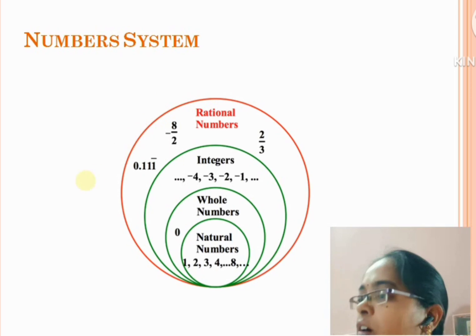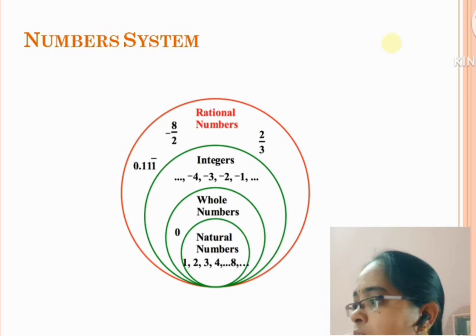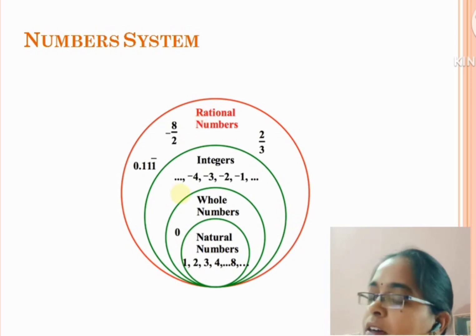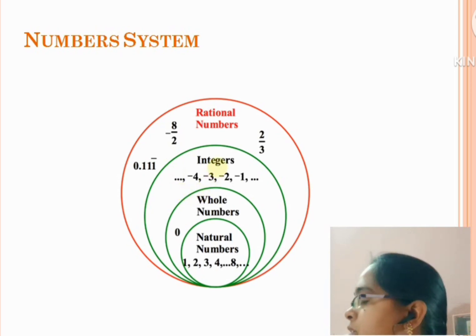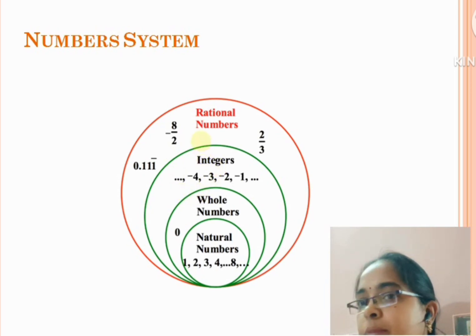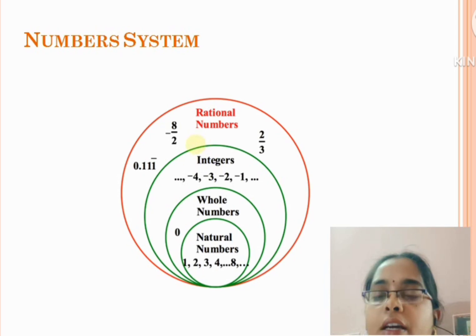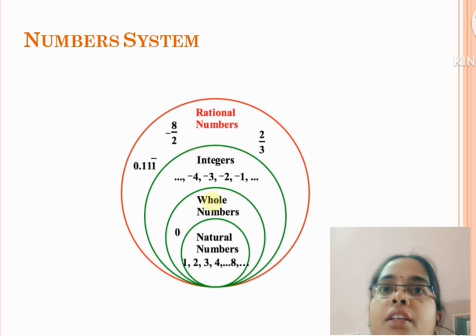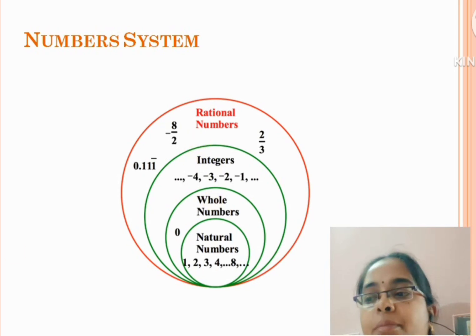From this picture we can conclude three statements: all natural numbers are rational numbers but all rational numbers are not natural numbers. Like that, all whole numbers are rational numbers but all rational numbers are not whole numbers. And all integers are rational numbers but all rational numbers are not integers. So remember this about rational numbers.